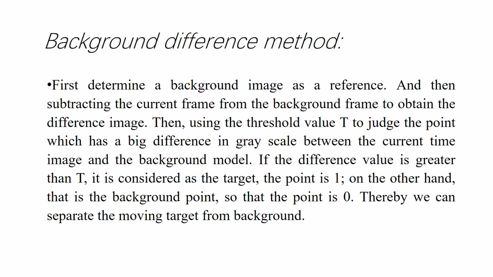Then we use the threshold value T to judge the points which have a big difference in grayscale between the current image and the background model. If the difference value is greater than T, it is considered as the target and the point is 1. Otherwise, it is a background point, so that point is 0. Thereby, we can separate the moving target from the background.